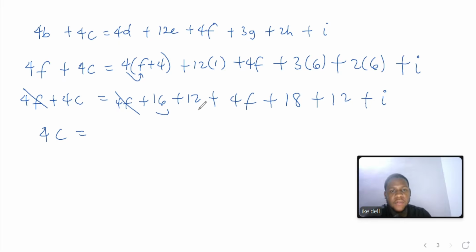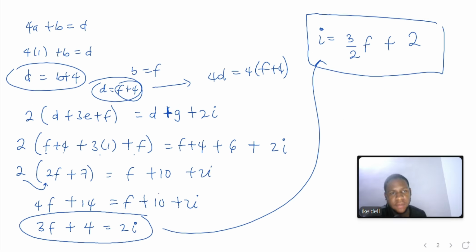16 plus 12 plus 18 plus 12. That's 58. And then we have another 4f. And then we have i. So we know that i is this, that's what i is, 3 over 2 f plus 2.